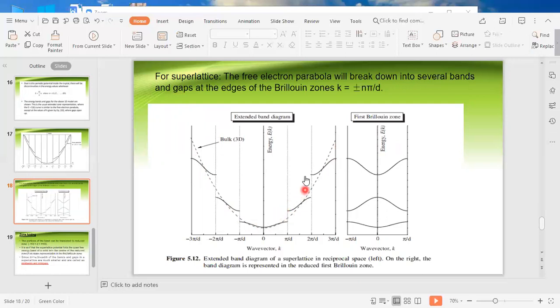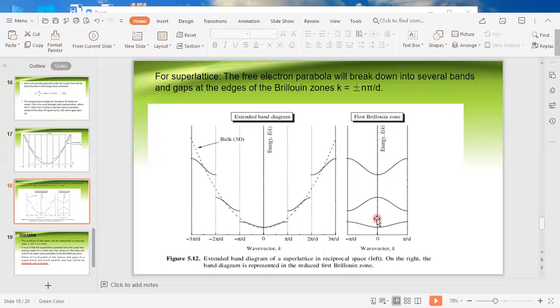And these gaps are occurring exactly at plus or minus n pi by d, the Brillouin zones. In the case of a superlattice, since d, the periodicity of the superlattice, is much greater than a, we can say that these bands are mini bands and the gaps are called mini gaps. So mini band, mini gap, mini band, mini gap, just like that.